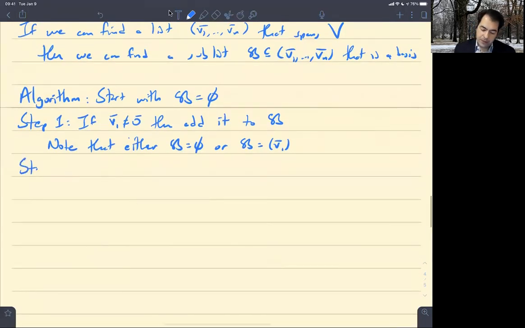Okay, step two. If v2 is not in the span of v1, then add it to B.